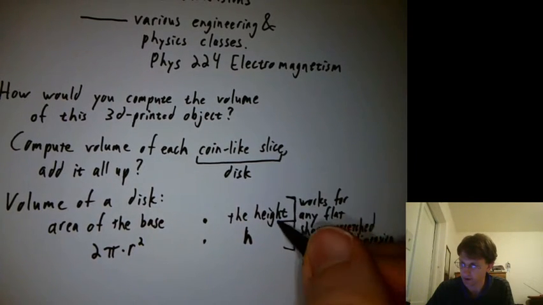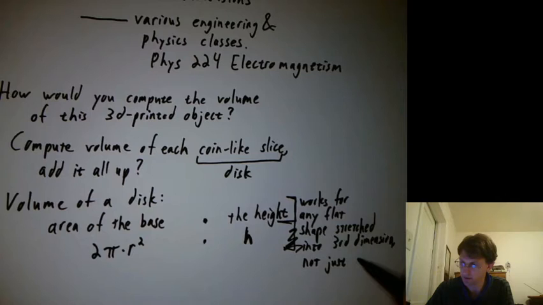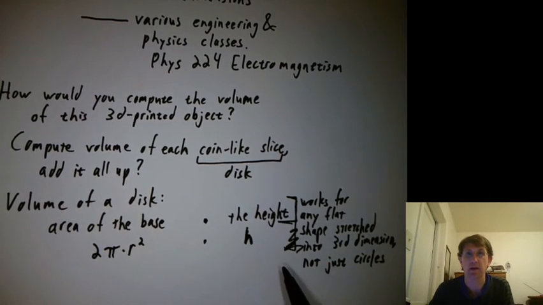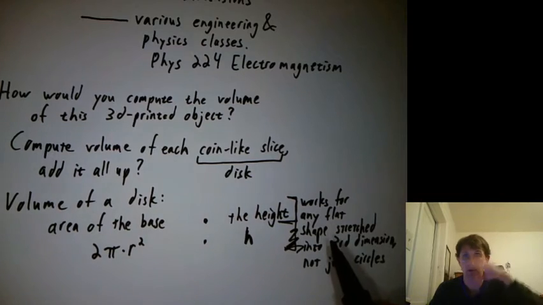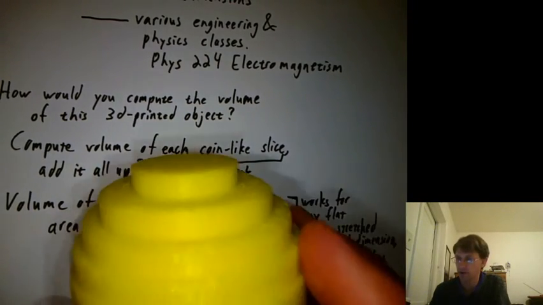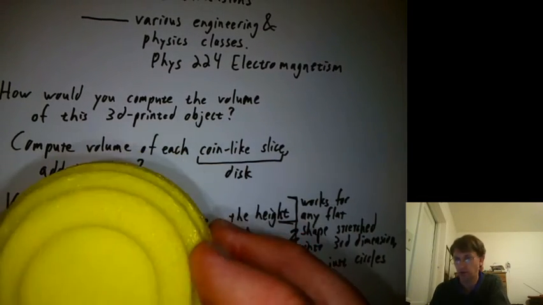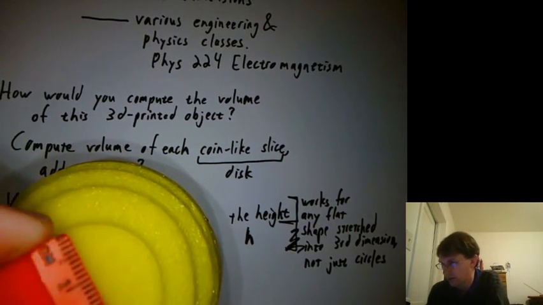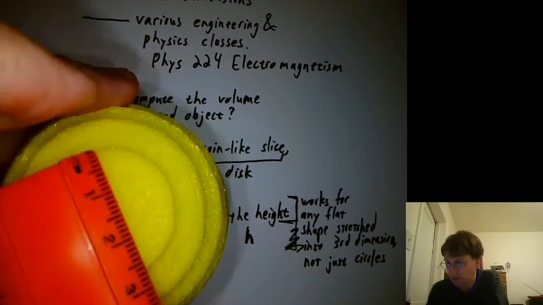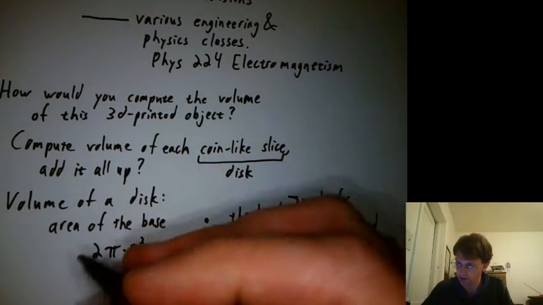Actually, it's this idea of area of the base multiplied by the height works for any flat shape stretched out into 3D. So what is it for this particular shape? Well, we can measure the diameter quick here. It looks like about 26 to me, so a radius of 13 millimeters.